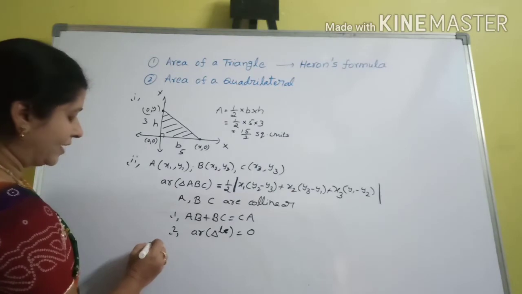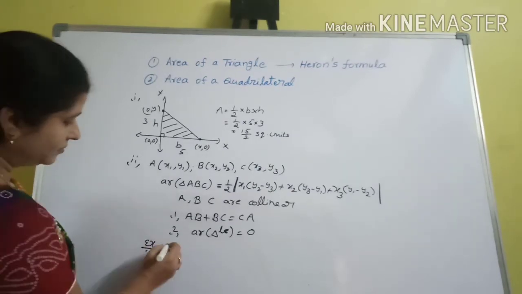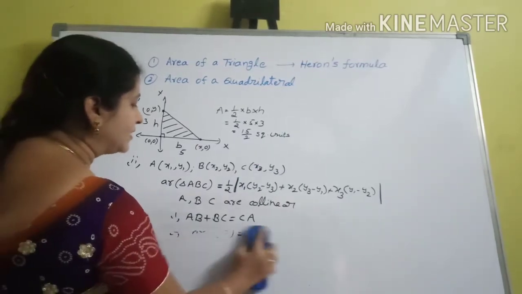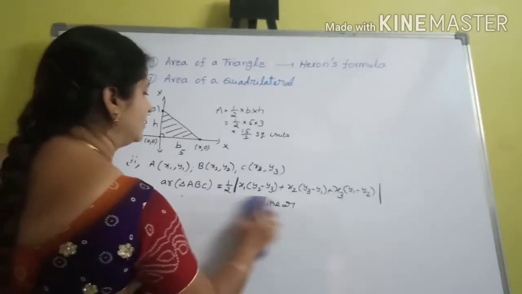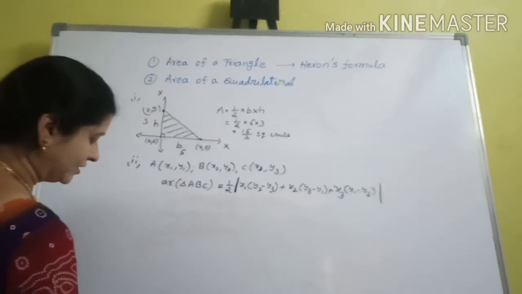So here we are taking the 3 points. For example, if the 3 points are collinear, find the value of k. It is also important.